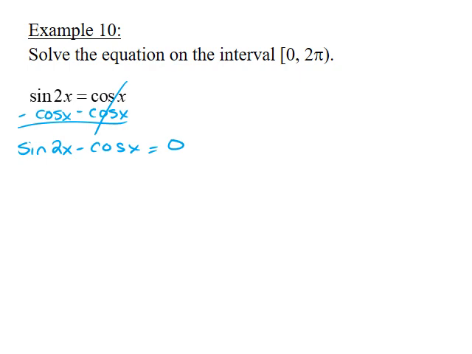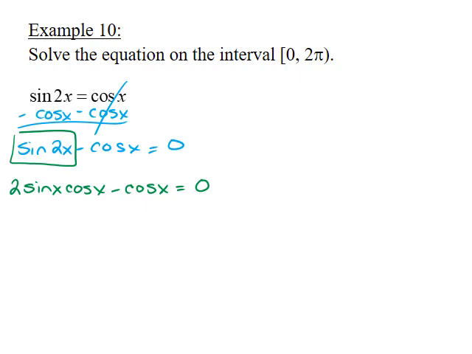So what I'm going to do is use a double angle formula and reduce sine of 2x to 2 sine of x cosine of x minus cosine of x. Oftentimes if my argument is x, it makes things a little bit easier.